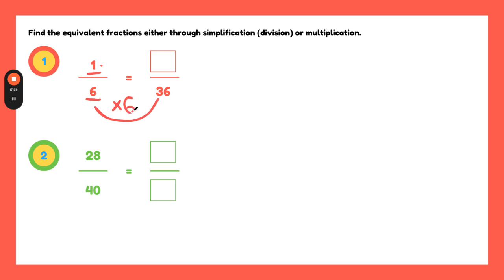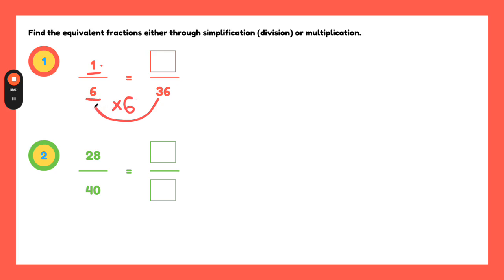If we remember from equivalent fractions, anything you do to the bottom, you also have to do to the top. So if you multiply by a number in the denominator, you have to multiply by that same number in the numerator.